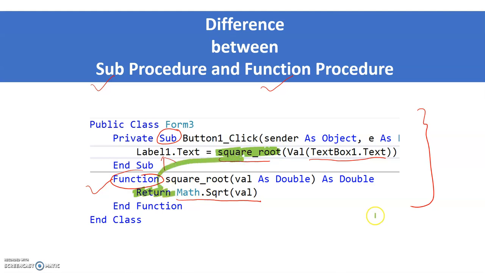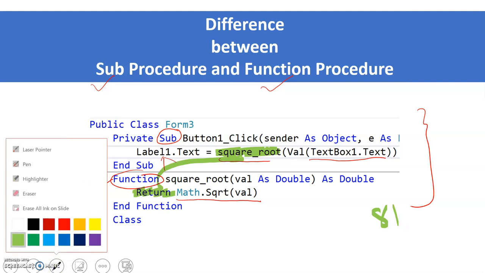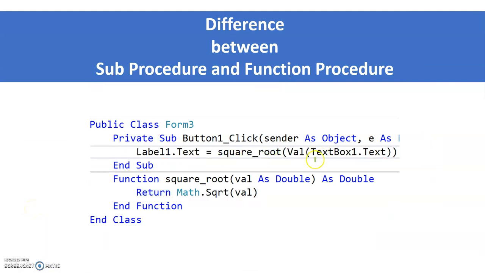So if we have entered 81 in the text box, it means that here we will have 81. After performing the operation on 81, it will return 9, right? And this 9 will come over here at this position, and this 9 will be assigned to the label.